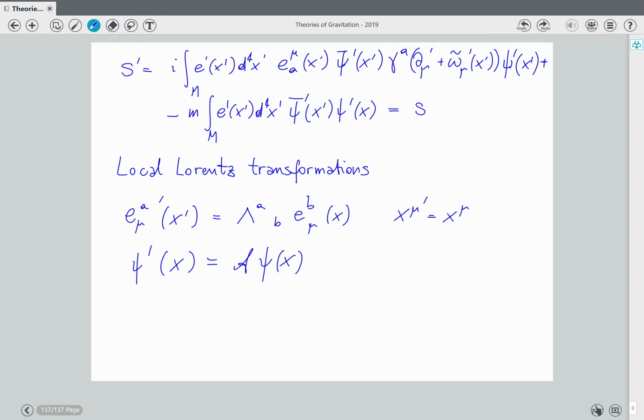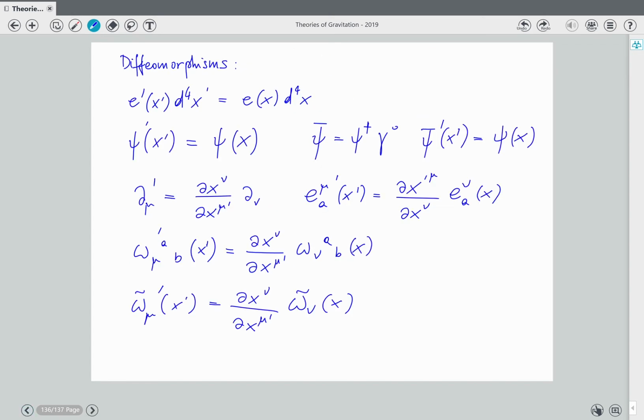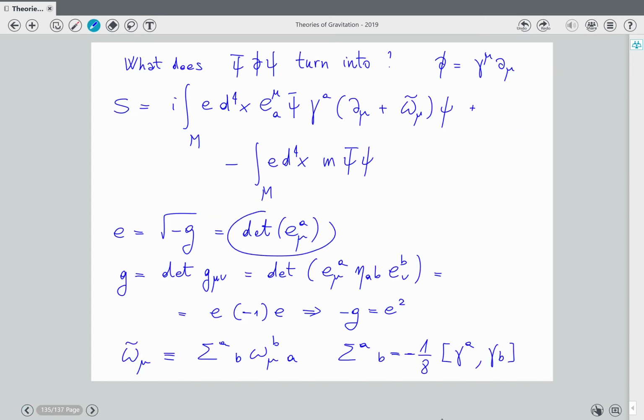Now, you know that since E is the determinant of this matrix, when you transform, you can write the determinant in a Lorentz invariant way. It is certainly invariant under the component of the Lorentz group that contains the identity.